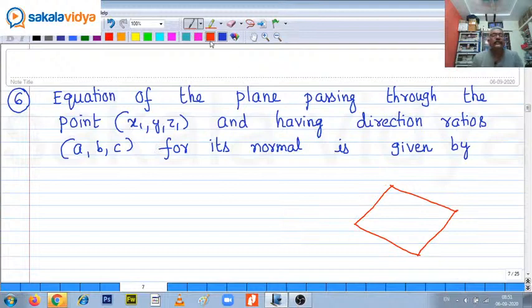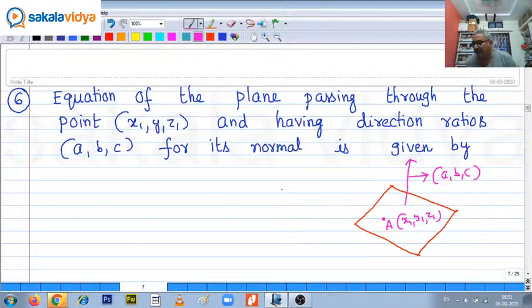Passing through the point (x1, y1, z1) and its normal direction ratios are a, b, c. Then the equation we need to find out.